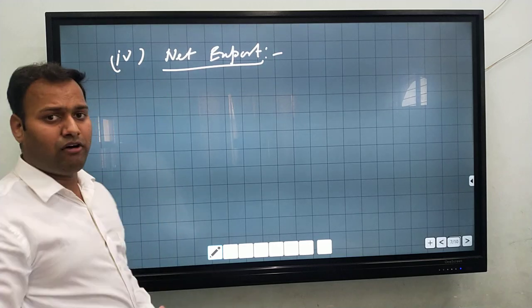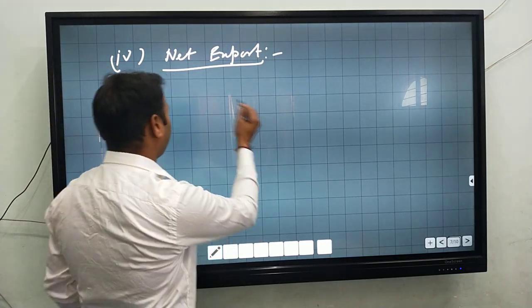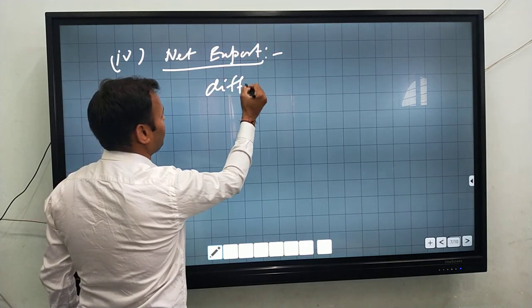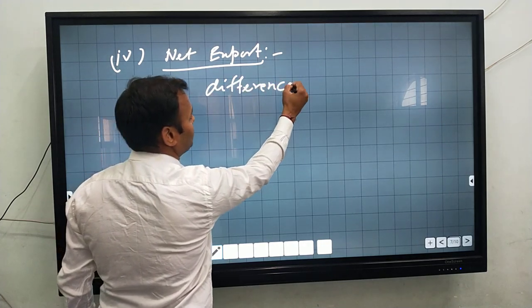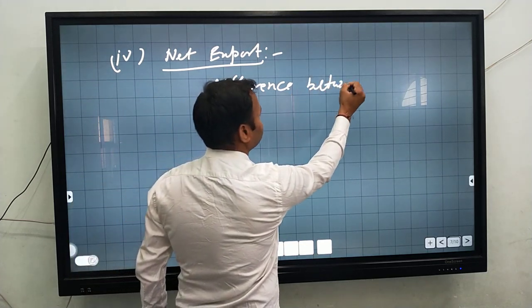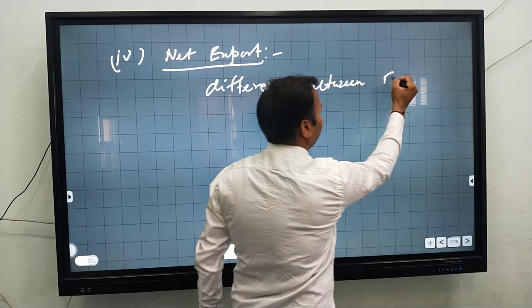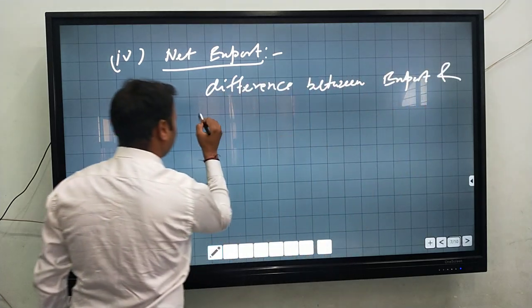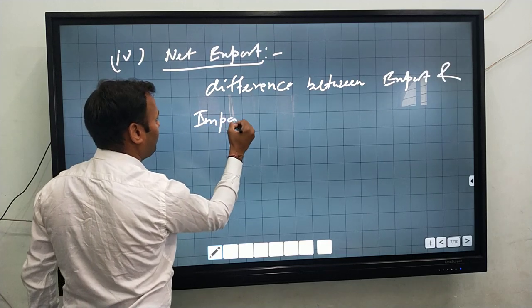Okay, so what is the meaning of net export? Net export is the difference, already discussed in the first chapter in national income, the difference between export and import.